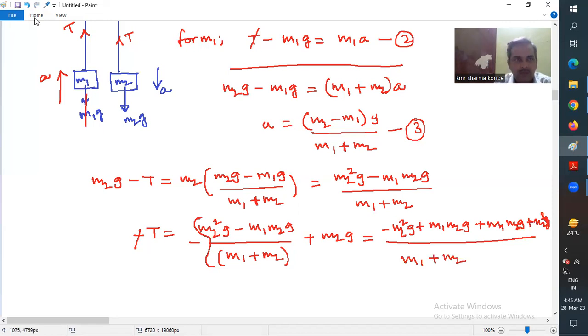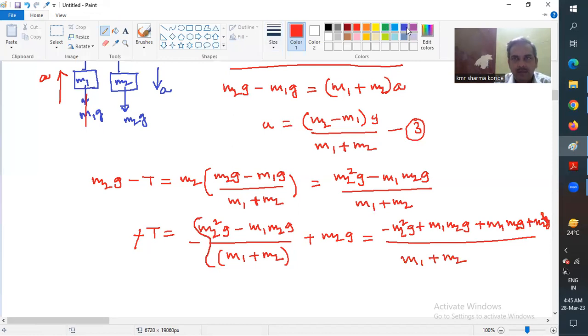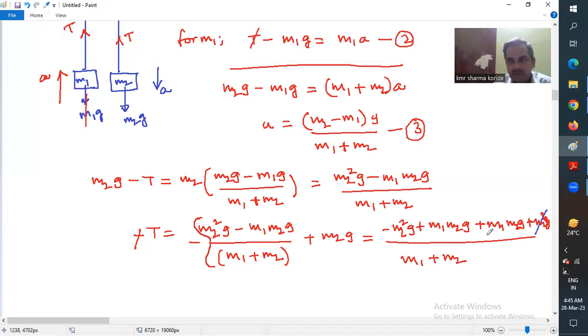There is a cancellation: plus m2 square g minus m2 square g. So the tension is 2 m1 m2 g by (m1 plus m2). So this is the tension in the string.